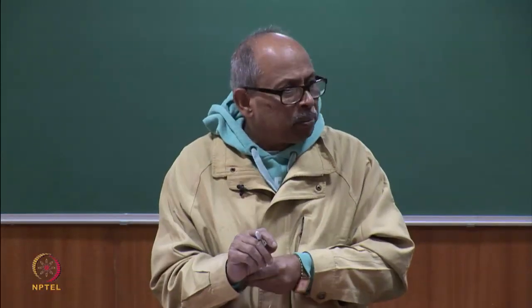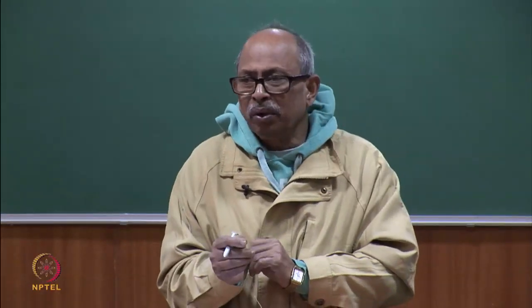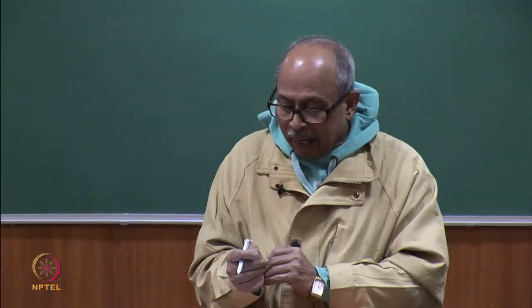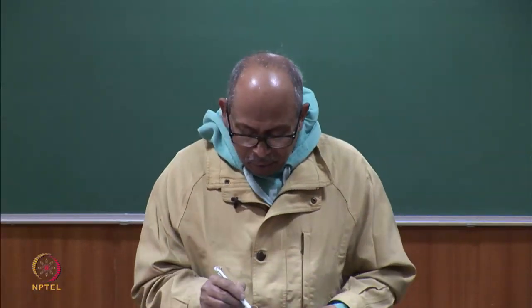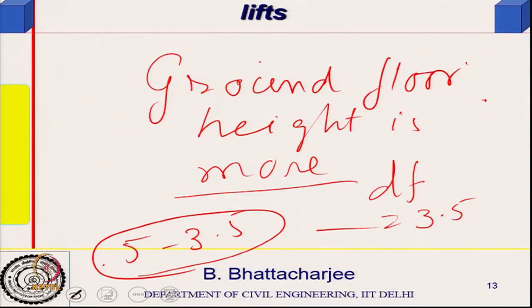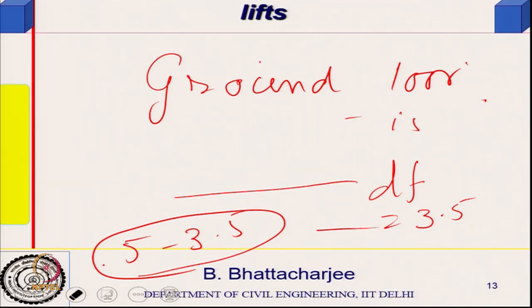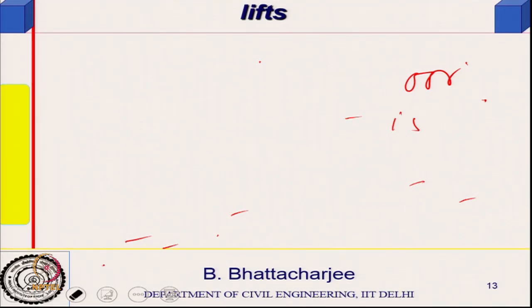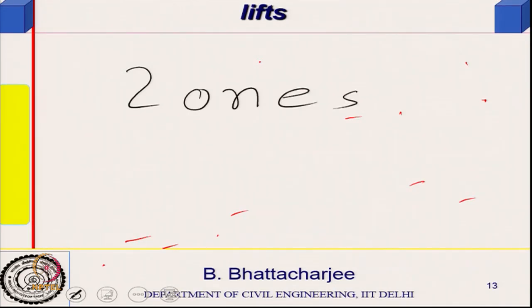Population difference is not a problem. And then if your lift acts as an express lift for a certain distance, like in zoning, let us say express zones, vertical zones.